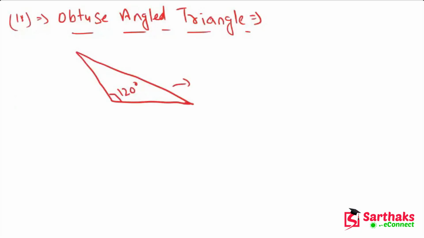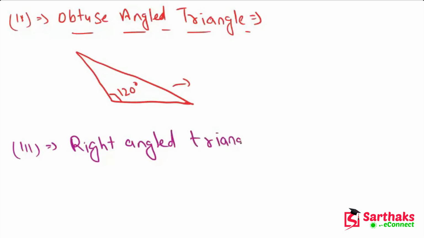So now the third part is the right angle triangle. So what is a right angle triangle?